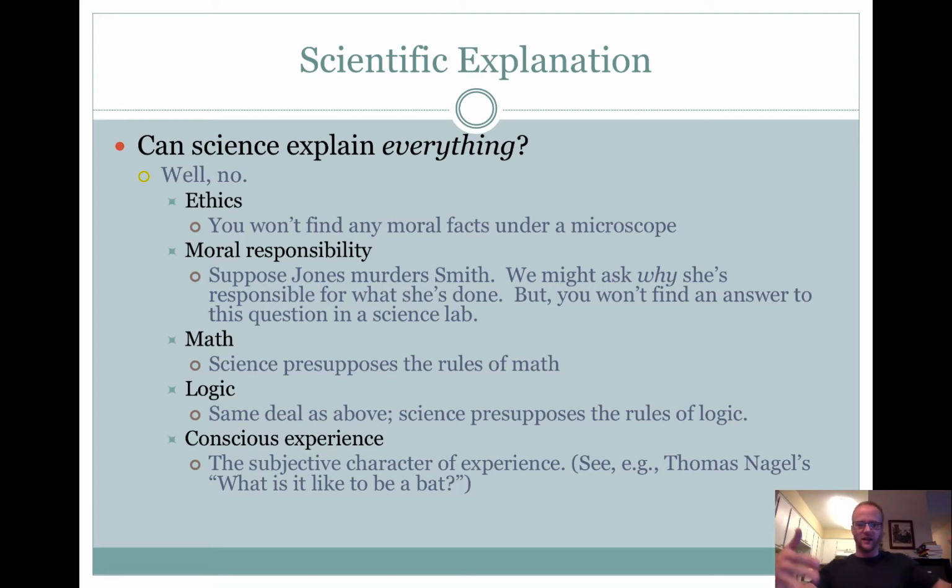You can't get beyond your own subjective experience to get to the bat's experience. And science is supposed to give us objective insight into how the universe works. But if conscious experience is by definition inaccessible to objective observation, then science can't explain conscious experience.